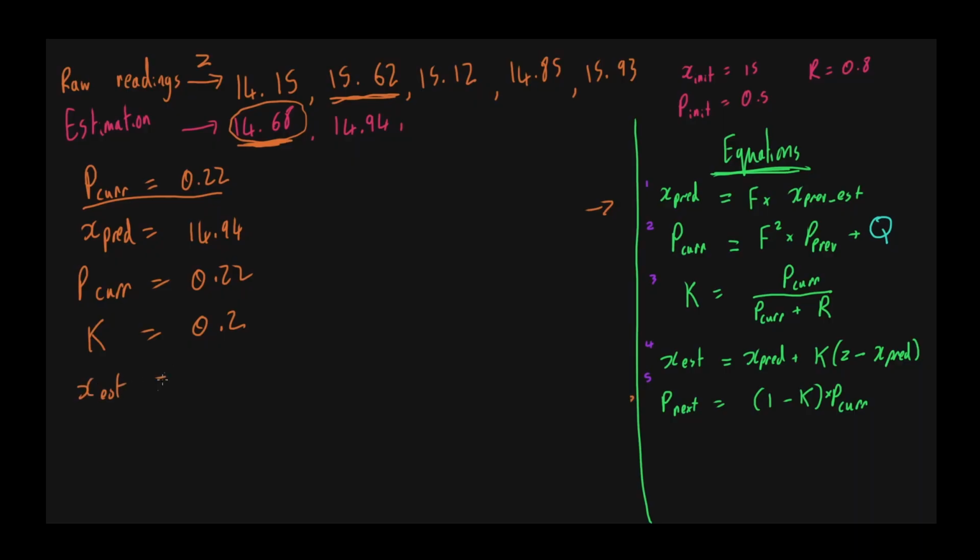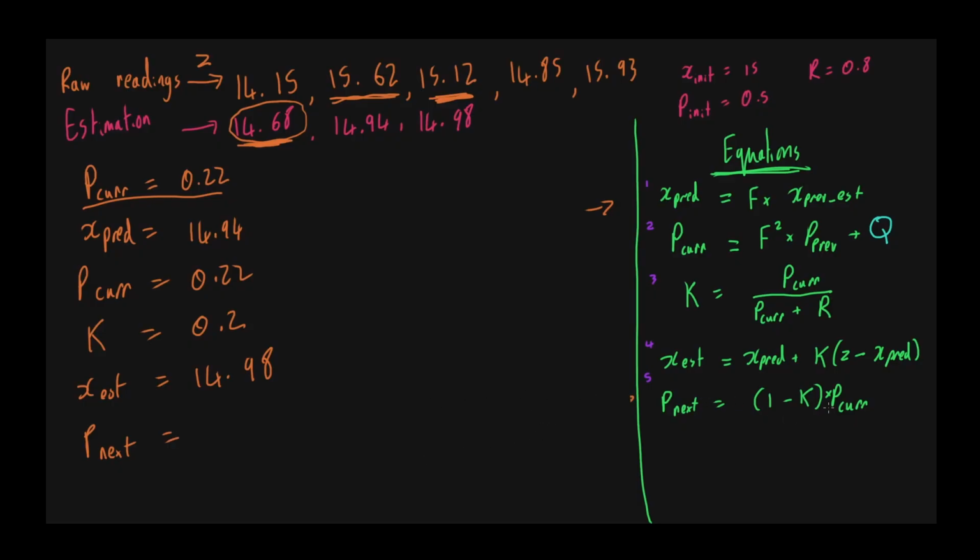And now we do our estimate. X estimate equals the X prediction plus the Kalman gain times the measurement minus the X prediction. Remember, you must use this measurement now. Z is now this, and I've estimated that to be 14.98. So we can write 14.98 here. And then, of course, we've got to do our P next. What's our next state error covariance?